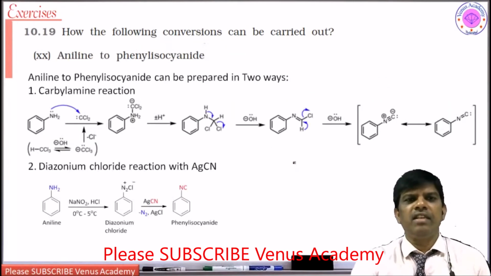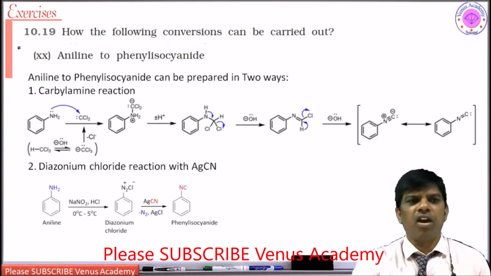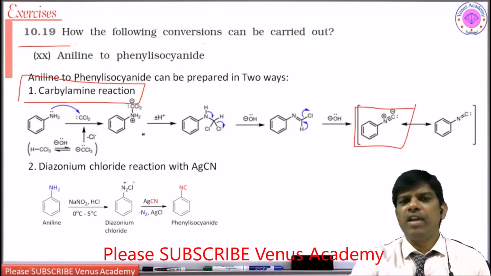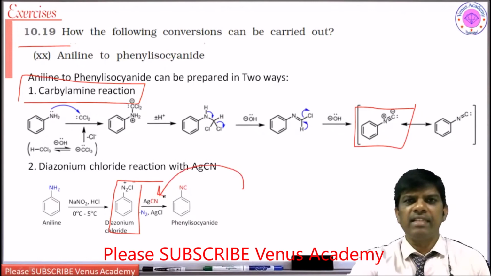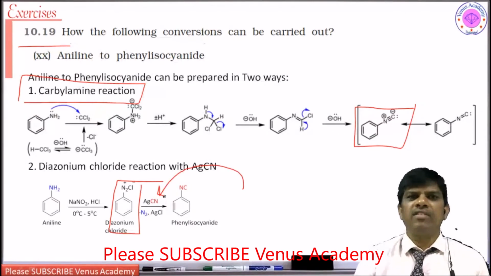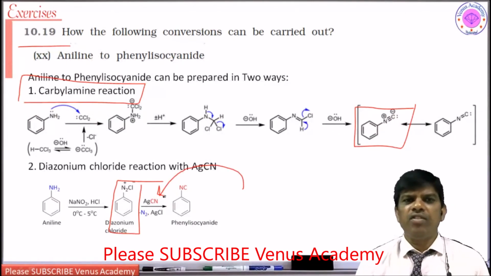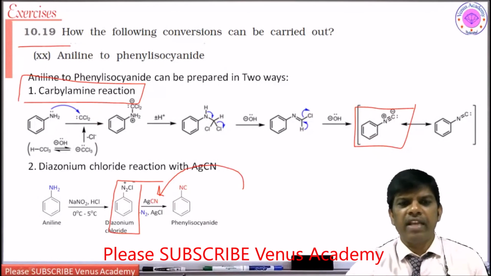Aniline to phenyl isocyanate. Dear students, in most references they have given the carbylamine test to make the isocyanate of aniline. Since we are learning about haloarenes, aniline undergoes diazotization. When you treat this diazo compound with silver cyanide, which I have explained is covalent, it is going to give phenyl isocyanate.